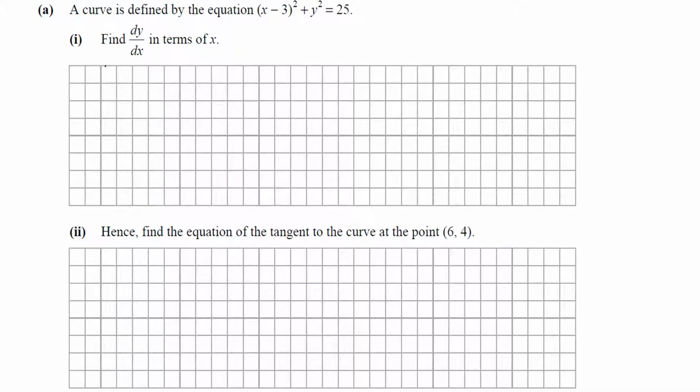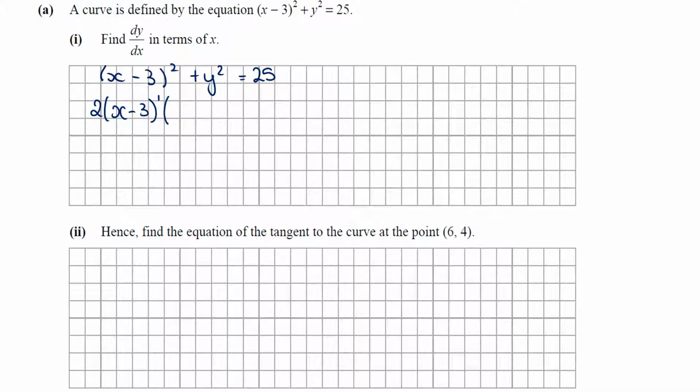So we're going to start here with (x − 3)² + y² = 25. So implicit differentiation means we're going to differentiate everything here with respect to x. What I get is 2 times the bracket. So I brought down my power in front and I take 1 away from the power.